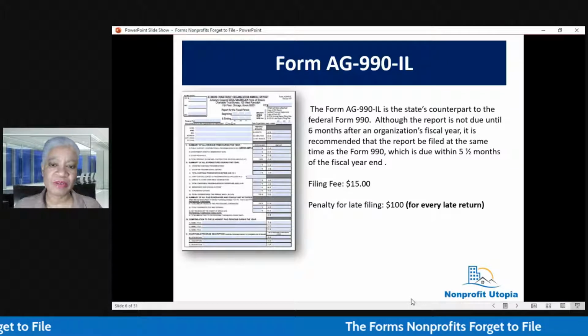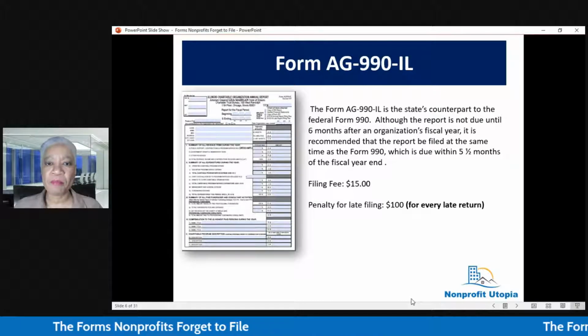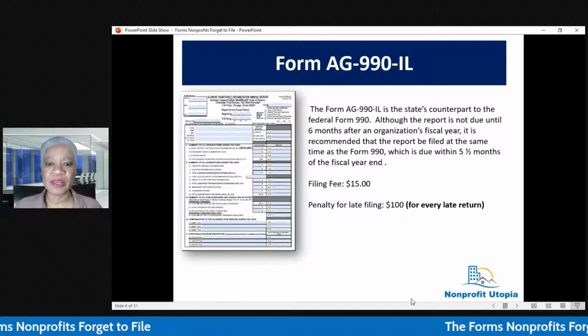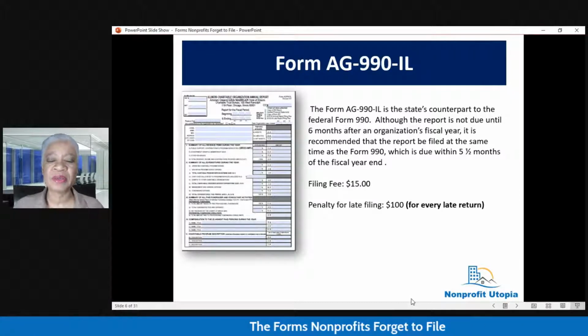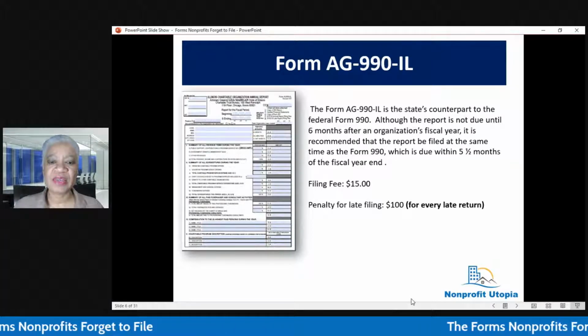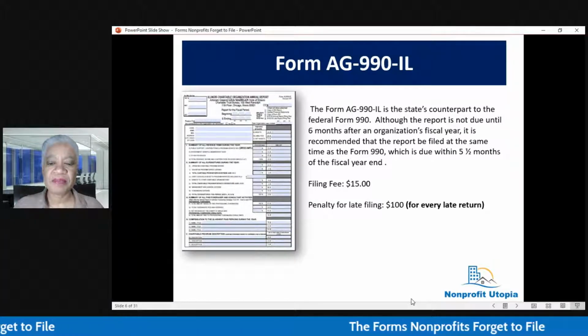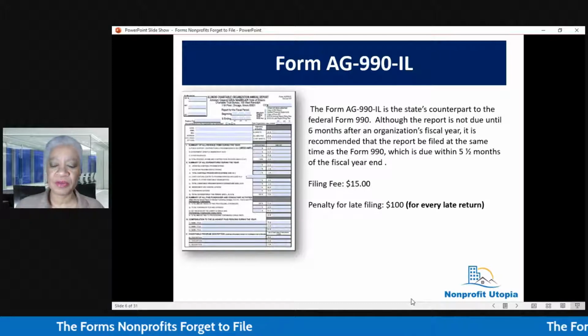So when you're doing your federal 990, you should also be doing your state 990, and that's due 5.5 months after your year end. And your year end could be June, it could be December, it could be October, etc. The filing fee is $15, and the penalty for late filing is $100 for every late return.